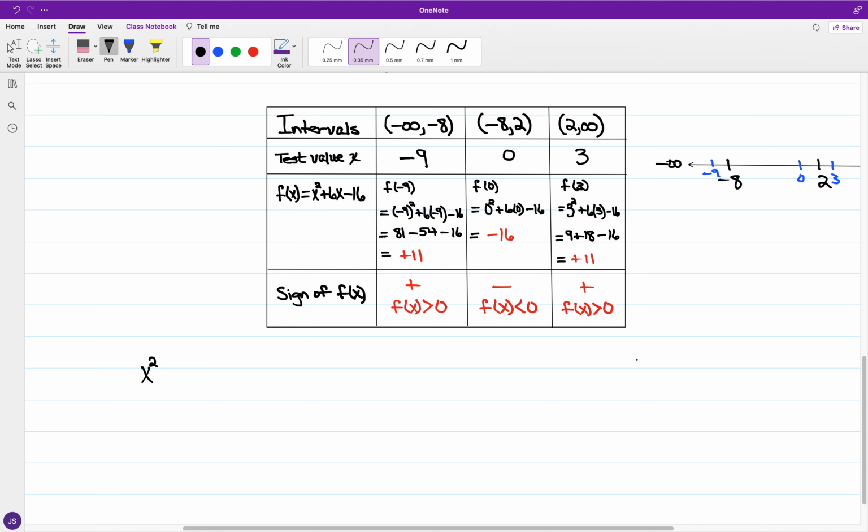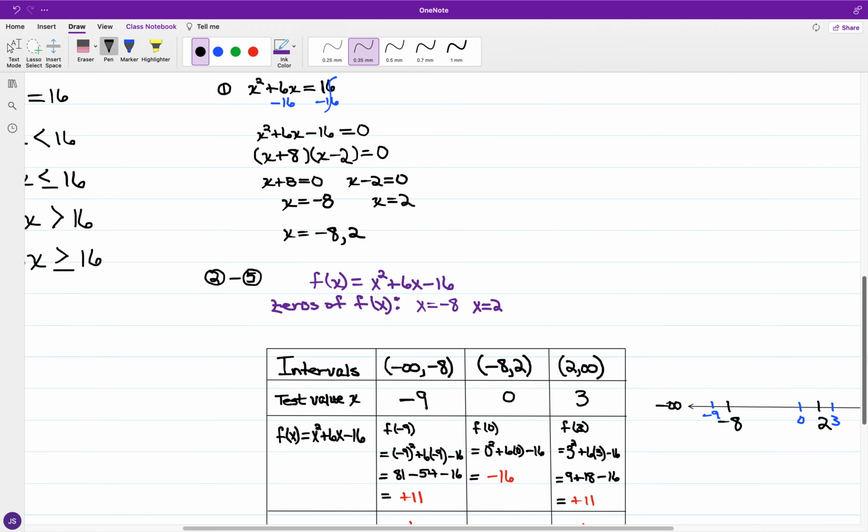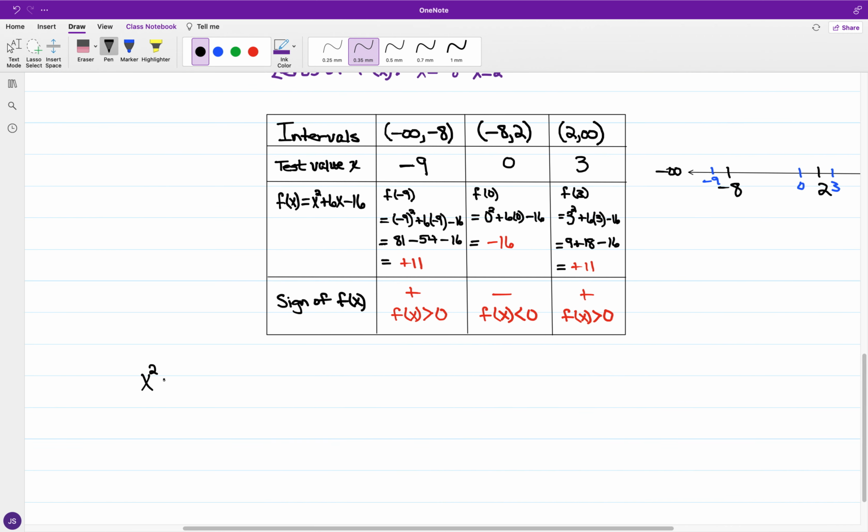Okay, so again we had x squared plus 6x is less than 16.